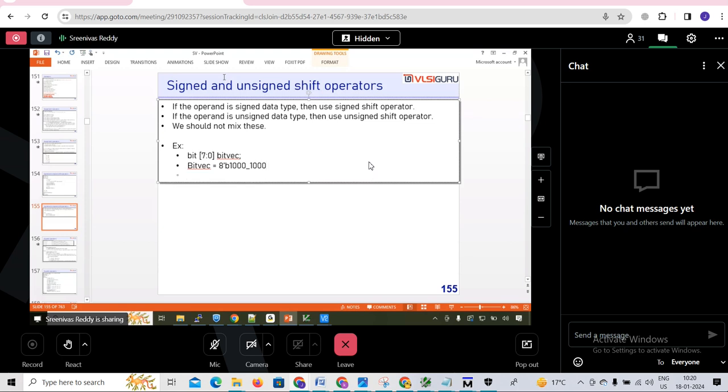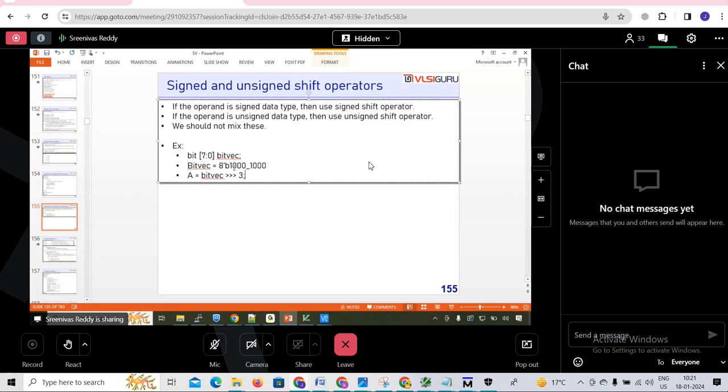Now if I do A equal to bit vector shifted by 3 positions, what will be the problem? Bit vector is an unsigned data type, right? It will end up taking this one as signed nature. So you won't get the right result.